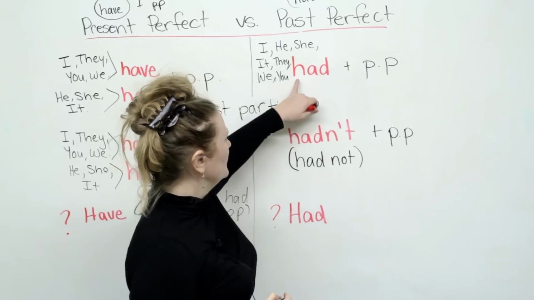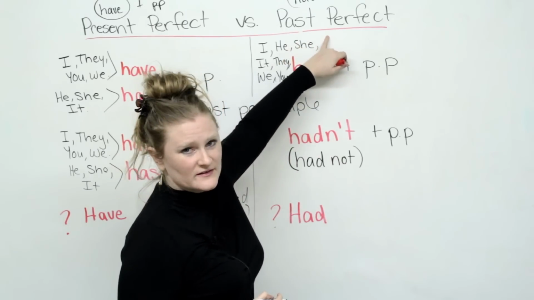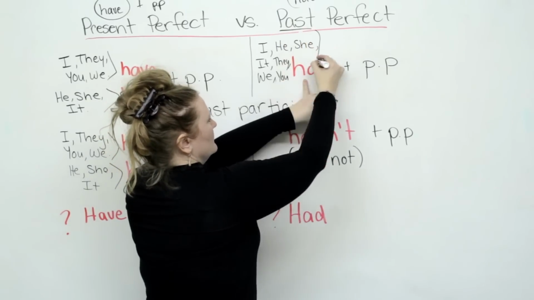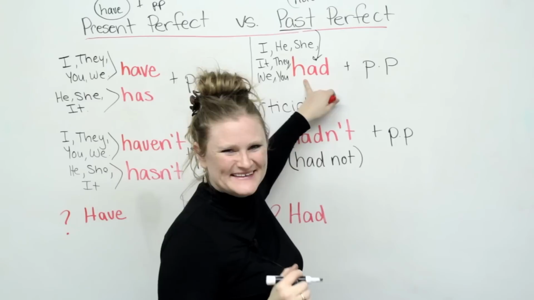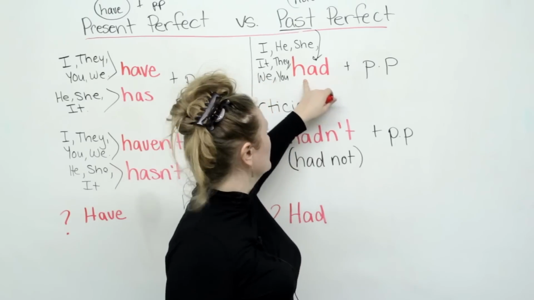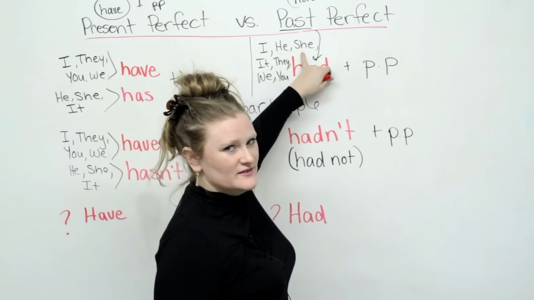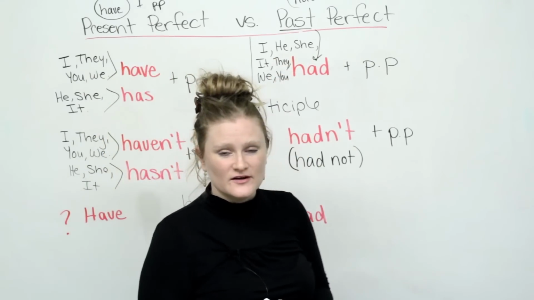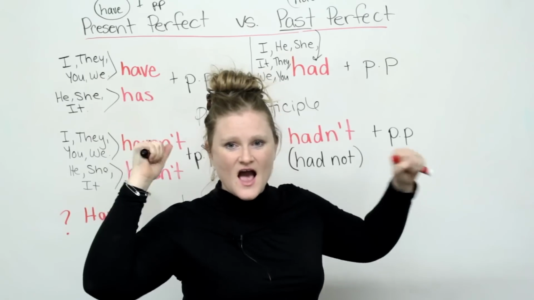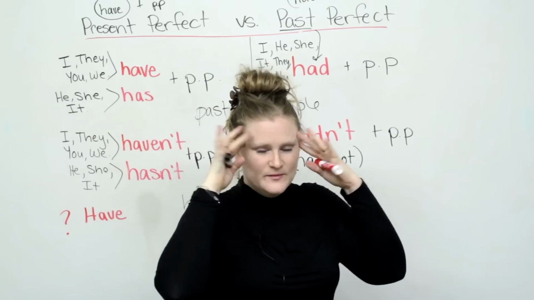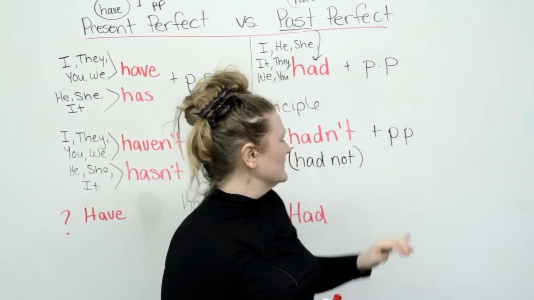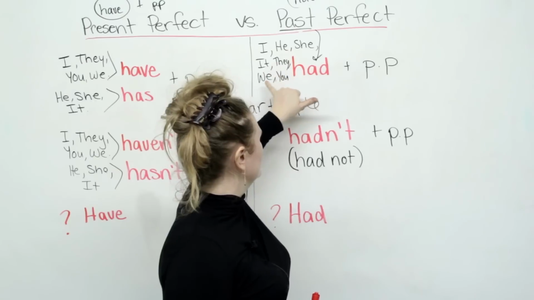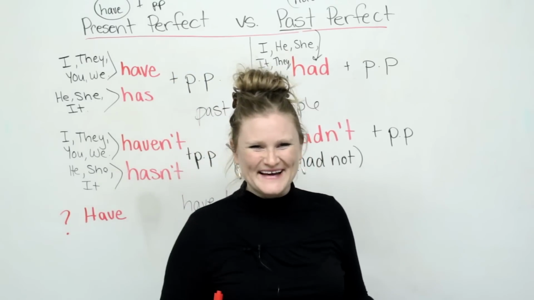So, when we use past perfect, all we're changing is this verb to had. It's that easy. The other very easy thing about past perfect is we don't have to change it for he, she, or it. Yay! There's nothing to really remember about the past perfect except for it's had. So, I, he, she, it, they, we, and you, we all use had.